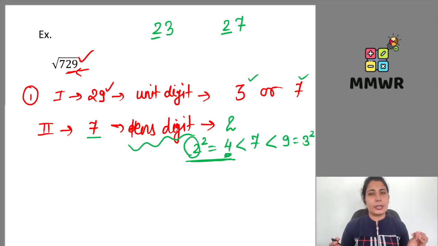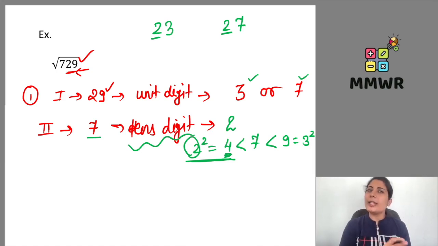We are not sure about it. Now we have two ways to do this. Either we have to find out the square of 23 and 27. अभी आप 23 का निकाल के देखो, 729 आ रहा है क्या? 27 का भी निकाल के देखो, जिससे भी मिल जाए वो परफेक्ट स्क्वायर, वो उसका स्क्वायर रूट हो जाएगा। अगर 23 का स्क्वायर 729 है, that means 23 is going to be the square root of 729.